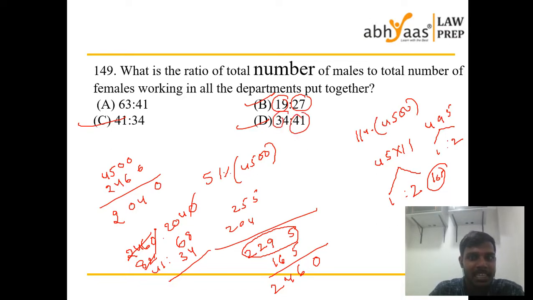The number of males is more than the females, so how can the ratio be less? So I can directly delete option B and option D. If I had no time, I would choose either A or C. But it is very easy to calculate, so option C will be my correct answer.